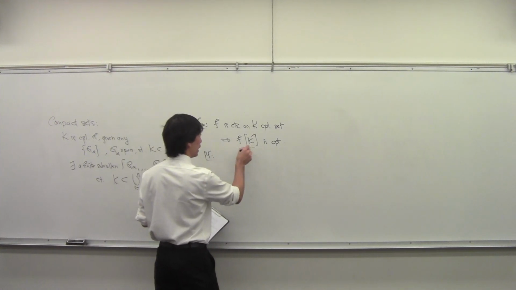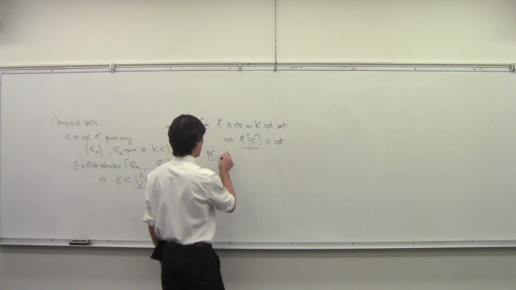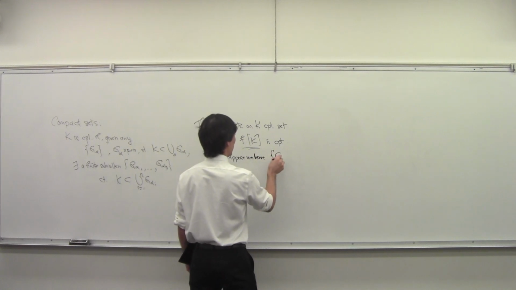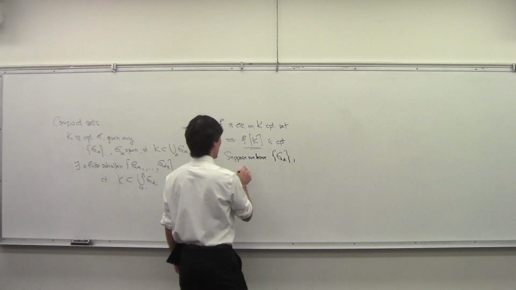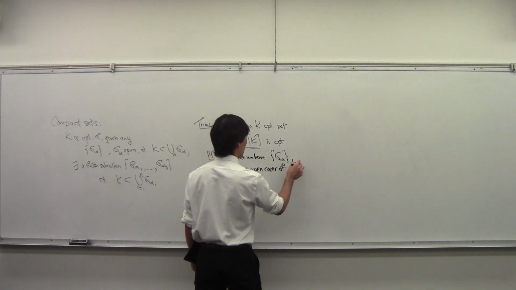So we want to show that this thing is compact, right? So we say, okay, suppose we have G alpha an open cover of the image.